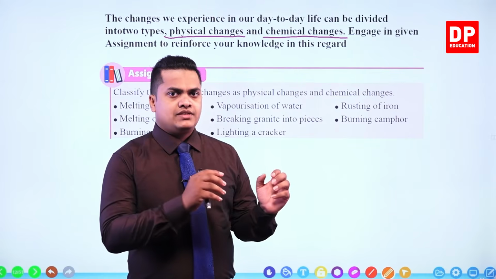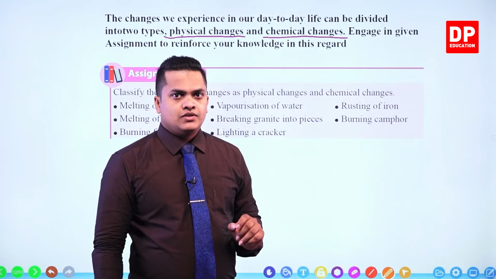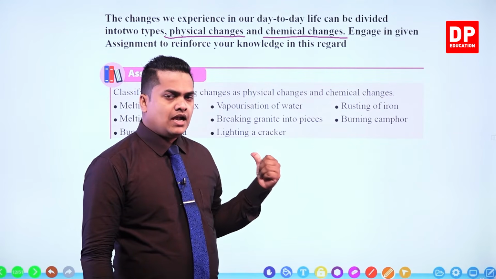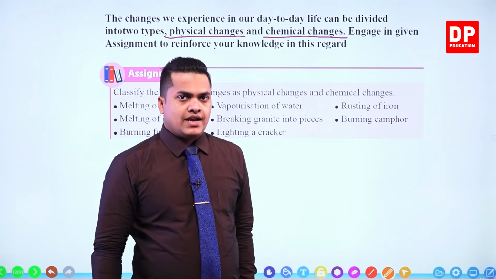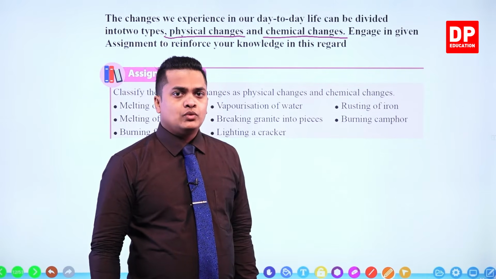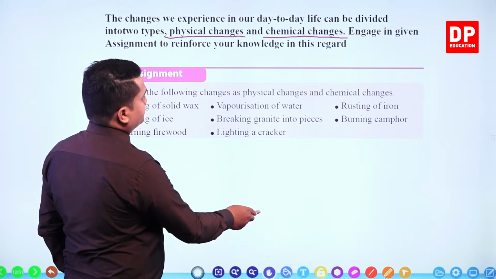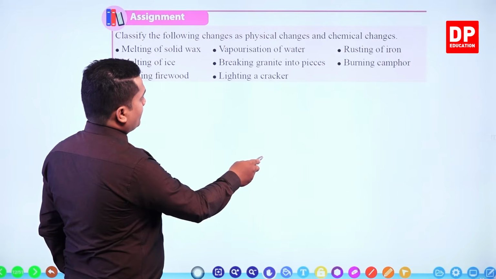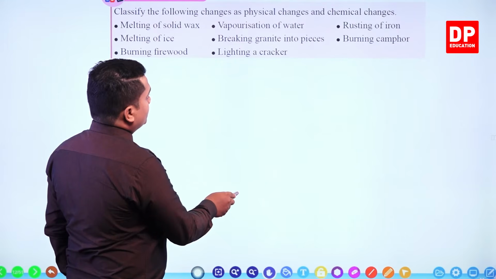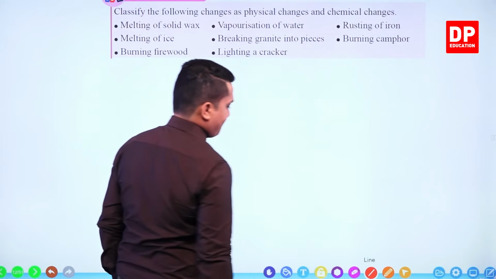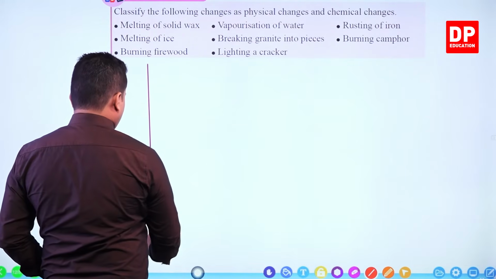And in that way, classify those changes into physical changes and chemical changes. You find several examples at home and try to divide them into physical and chemical changes, right? So let's divide these things now. I'll take it here so that I can draw a table. Right, let's draw a table.